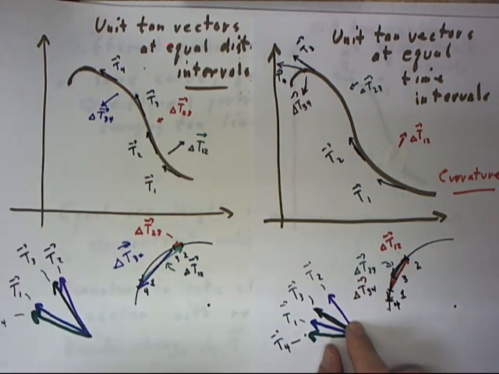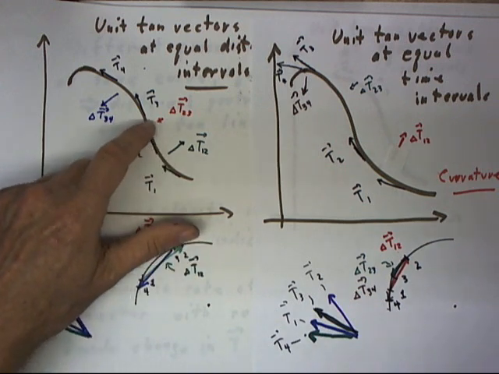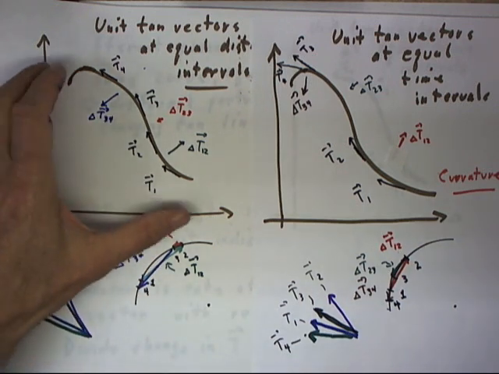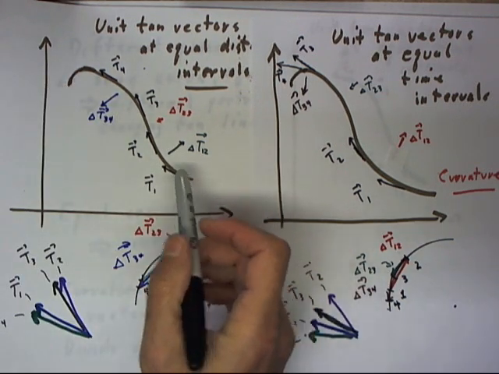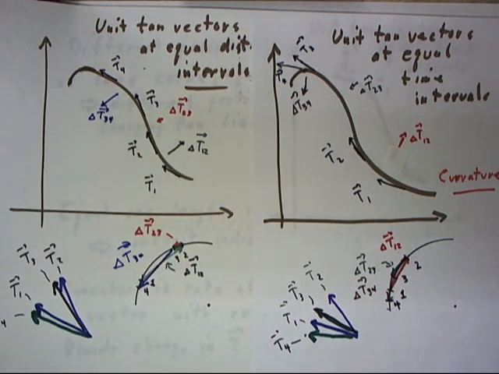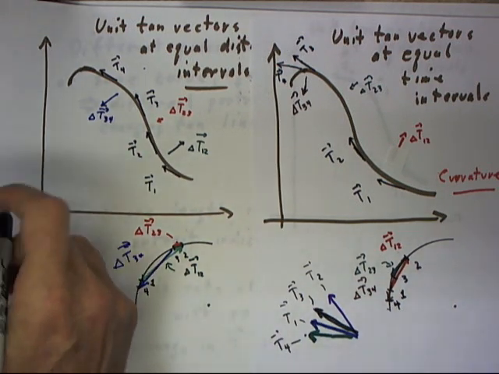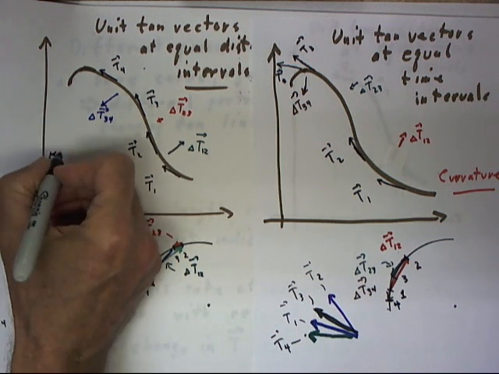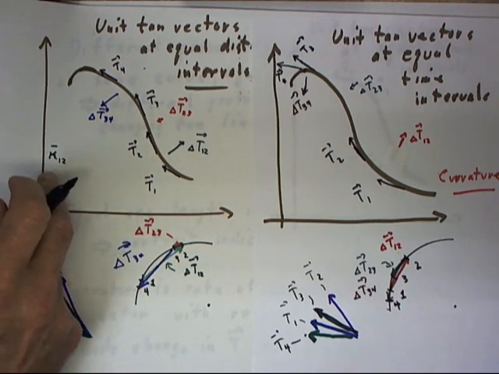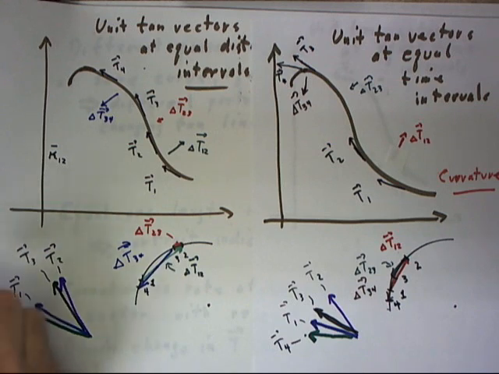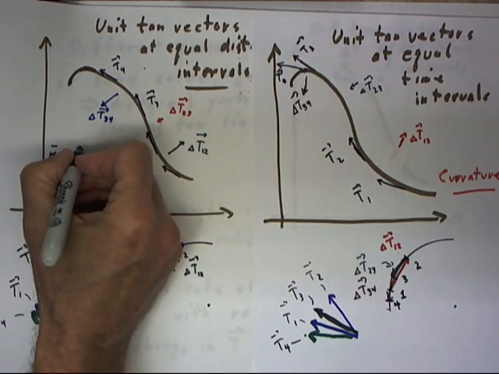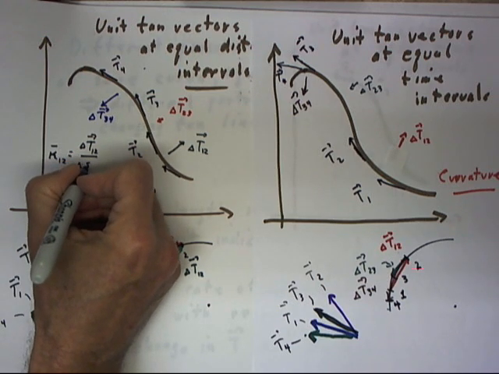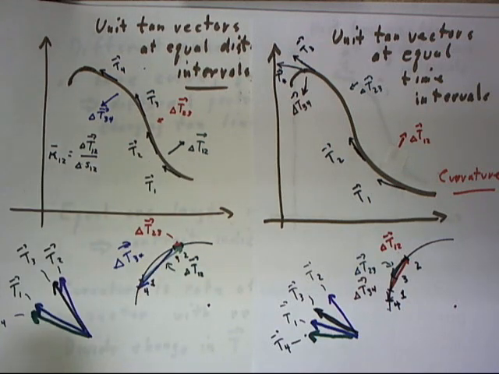These vectors do in fact indicate average curvatures, and if you think about it, it should make fair sense to you that in some way these are related to the average curvatures, and we would say that the curvature, and I'll go ahead and use a kappa 1, 2 bar for the average curvature between point 1 and point 2 would turn out then to be our delta T 1, 2 divided by how far we move along the curve between point 1 and 2.